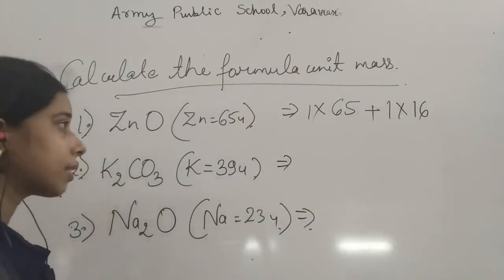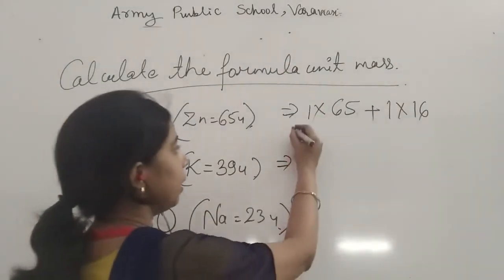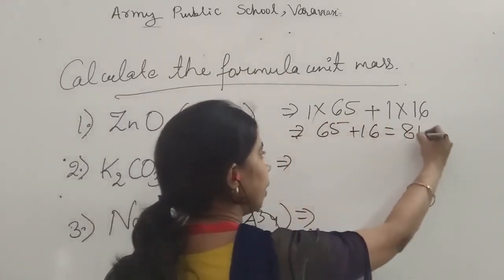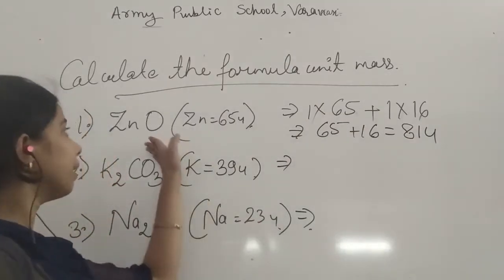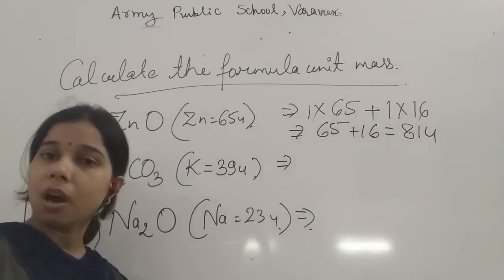So 65 plus 16 will be equal to 81 u. So 81 u is the molecular mass or the formula unit mass of zinc oxide.